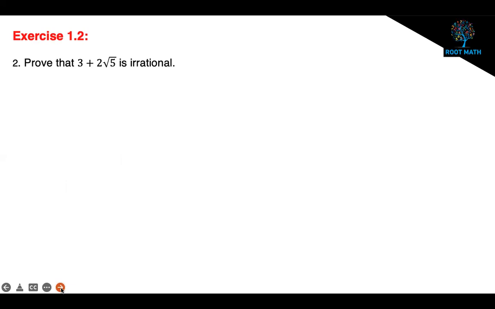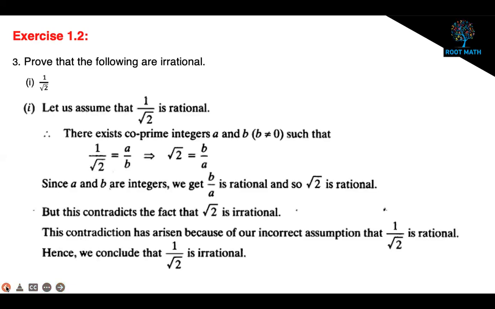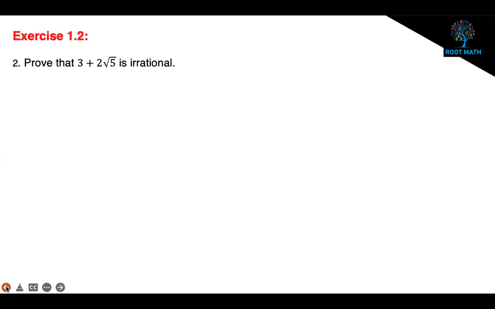Question number 2. 3 plus 2 root 5 is irrational. So let's start proving this one. Initially we are assuming 3 plus 2 root 5 is rational.